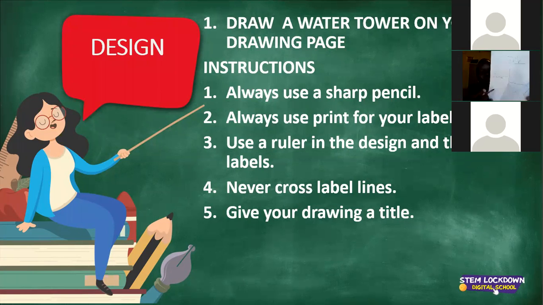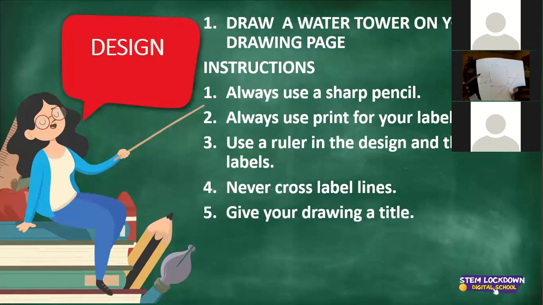Yes, look what I've written here. It is wrong. You can't label like this. You must label in print. I'll just write tank to show you how the label should look. Now this one is the correct one. You label tank like this. So you don't do it like this.